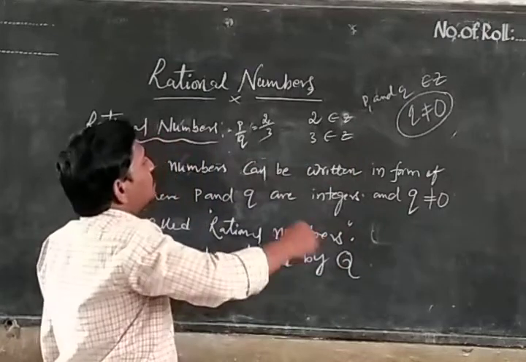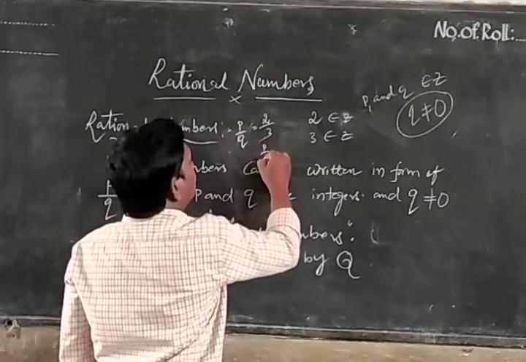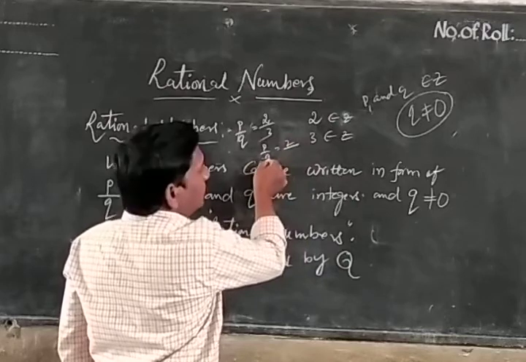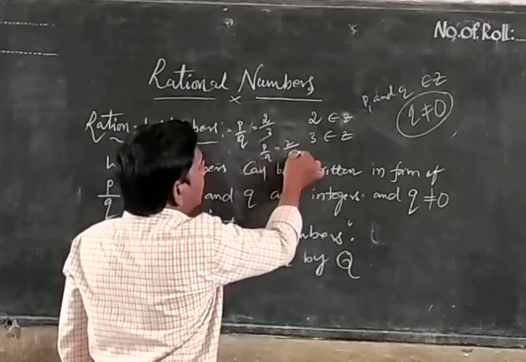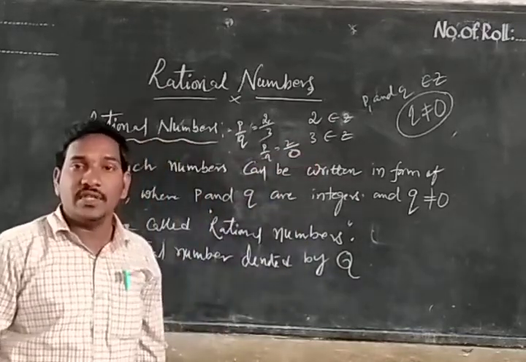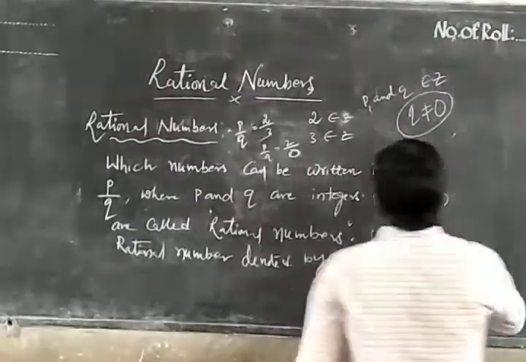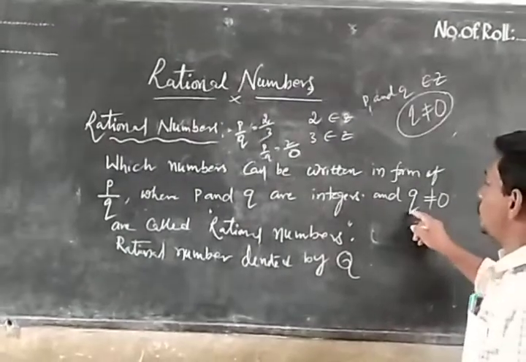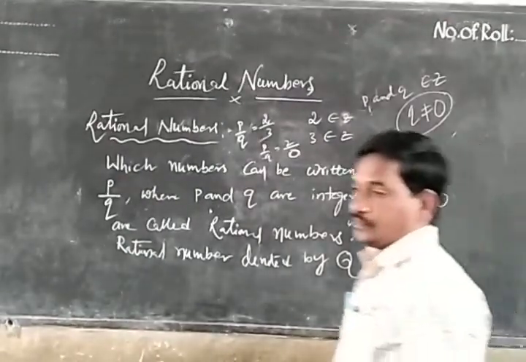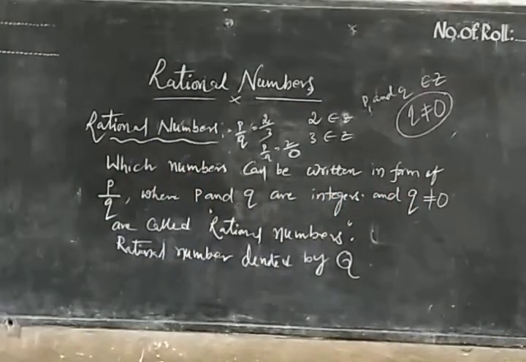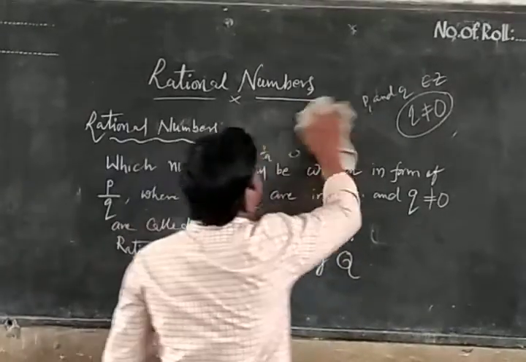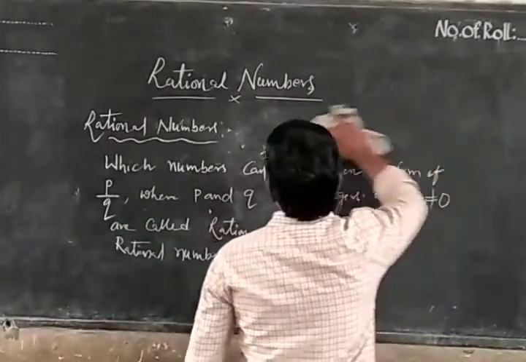If Q equal to 0, so P by Q, when you take Q equal to 0, division by 0 is not defined. That's why here Q not equal to 0. We should take Q not equal to 0. And which numbers can be written in the form of P by Q are called rational numbers.